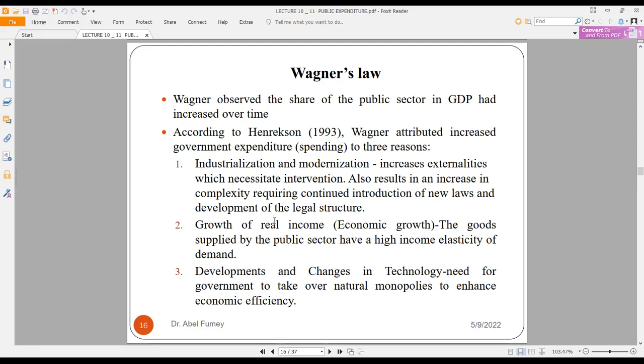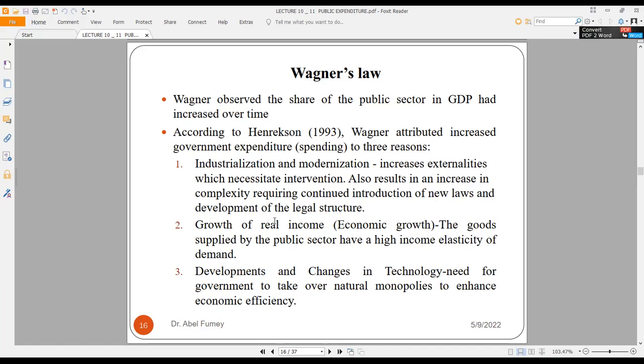The first one is industrialization and modernization. Now we are putting up a lot of industries. We are living in a modernized world, and as a result, there is an increase in the production of various goods and services. Because of that, we have externalities and the market will be failing. I'm sure we remember what externalities are. We have a lot of industries in the economy now, producing and causing negative externalities.